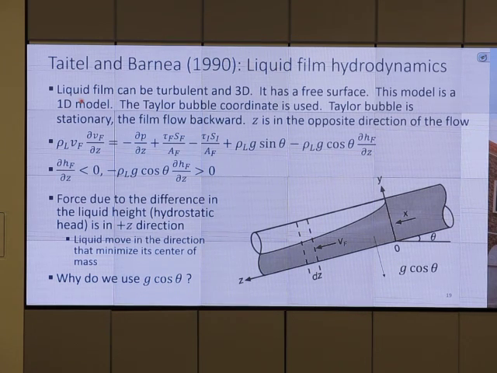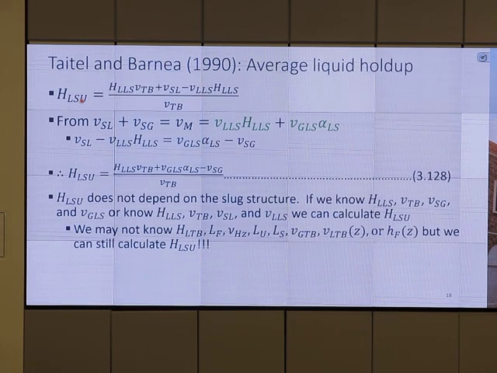Yes, question. I think you have to make an assumption for equation 3.128. For the assignment, it's not perfectly horizontal, so is it still applicable? It is. Even though it is upward, horizontal, 45, 60, 70, 80 degrees, this is correct.